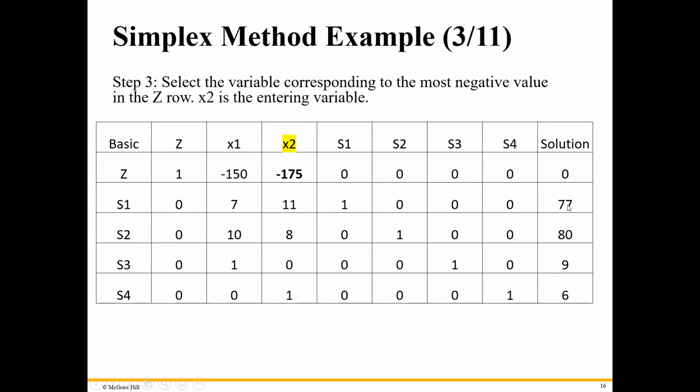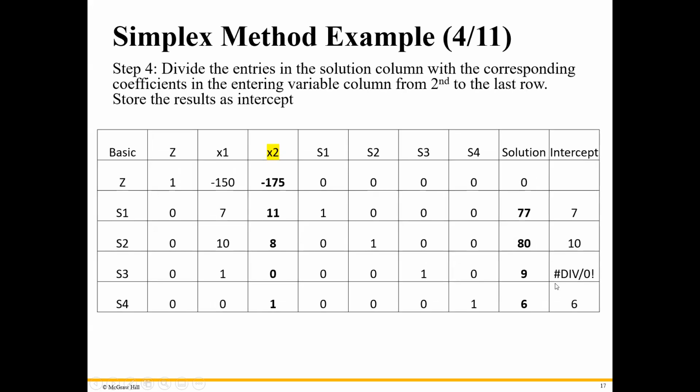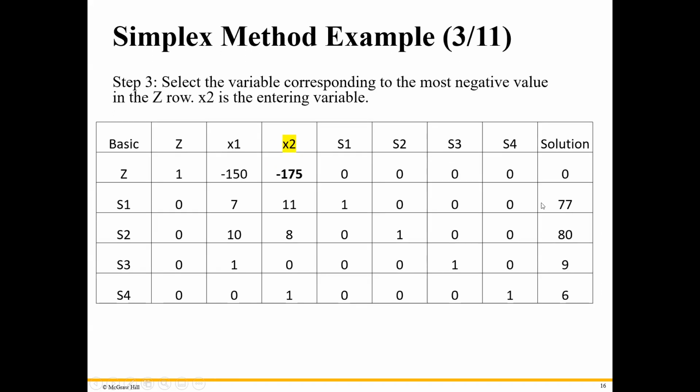So 77 divided by 11, 80 divided by 8, 9 divided by 0, and 6 divided by 1. Respectively, we get 7, 10, infinity, and 6.